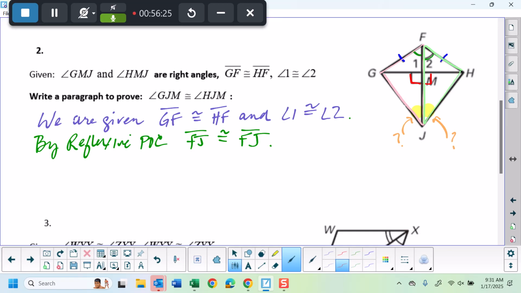My next sentence, by side angle side congruence, triangle GFJ is congruent to triangle HFJ.